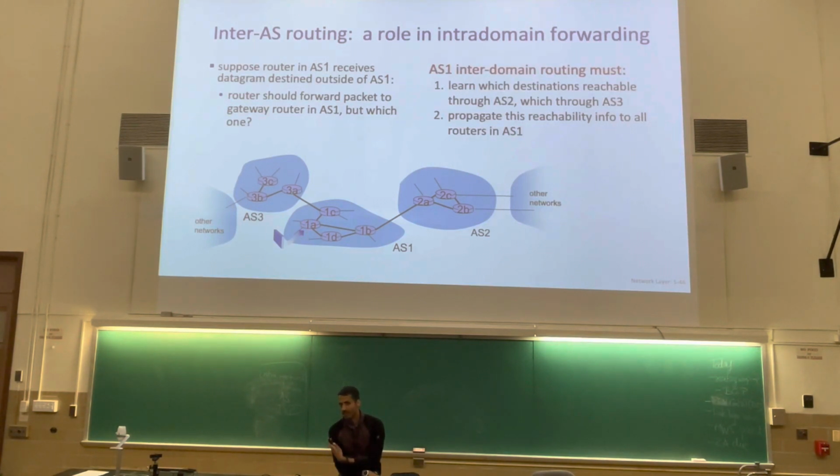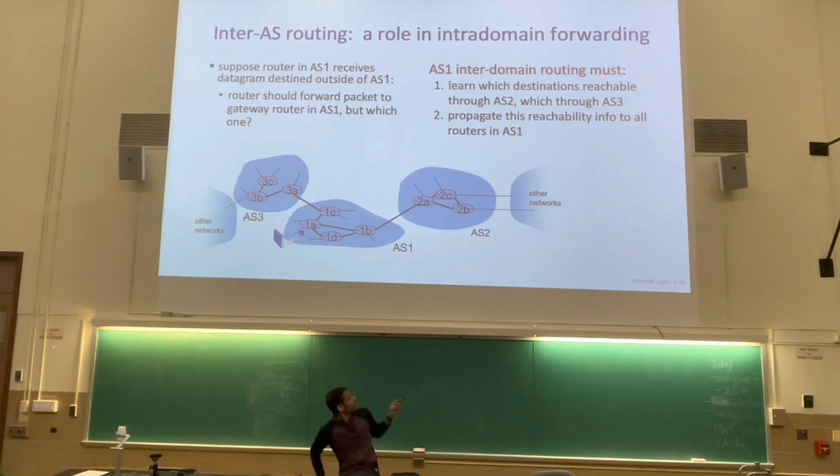AS1's inter-domain routing protocol needs to satisfy these 2 objectives. One is to learn from adjacent AS routers which ASs are reachable through them. Second is to internally propagate this information to all the routers within your own AS.